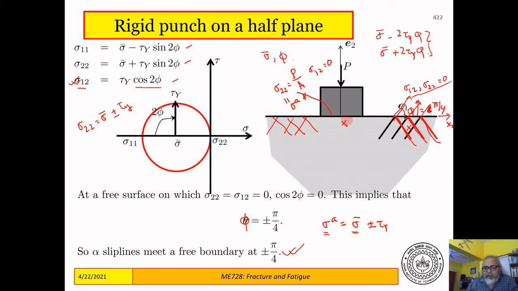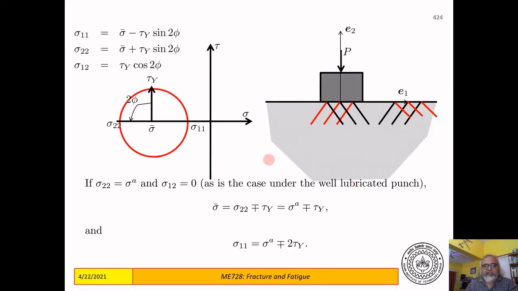If we expect that both will be compressive, but this will be more than this, then this is how your Mohr circle will look, and you can then easily guess that the alpha lines will make an angle equal to minus pi by 4 with the x1 axis.